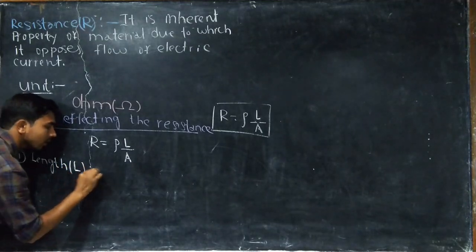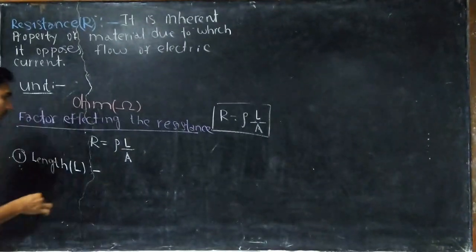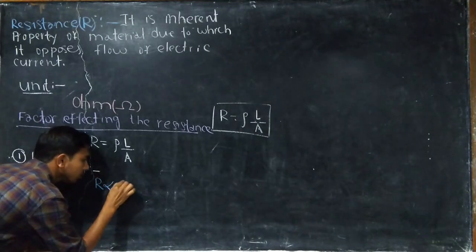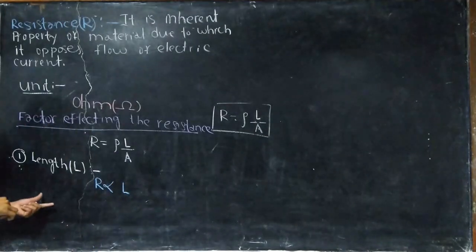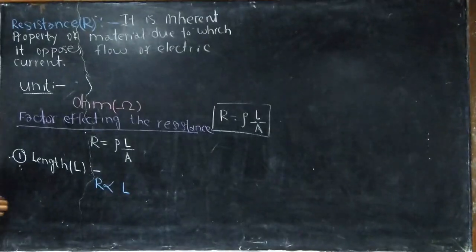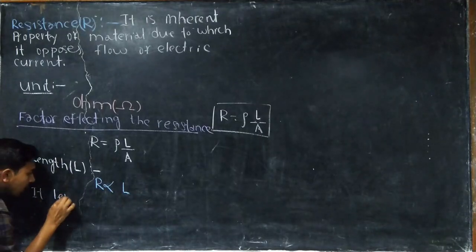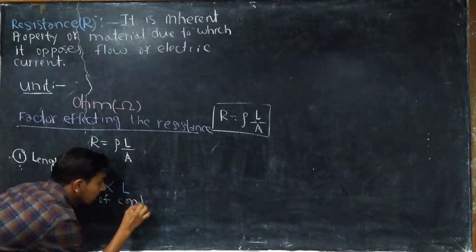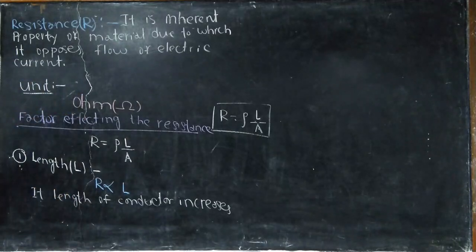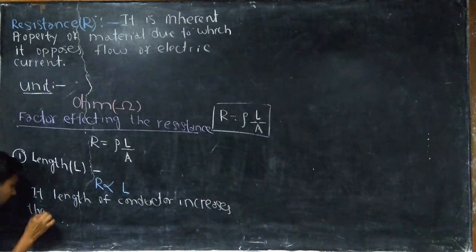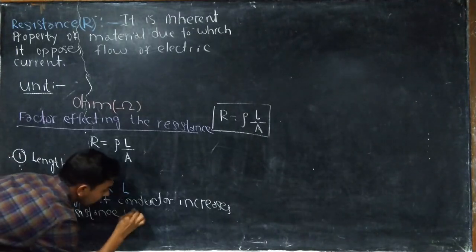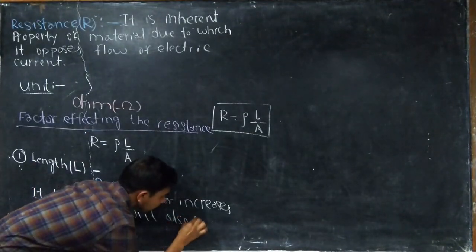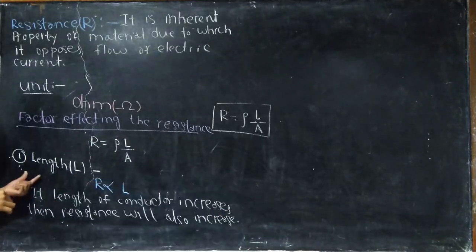From here you can see R is directly proportional to L. So if the length of the conductor increases, then resistance will also increase.